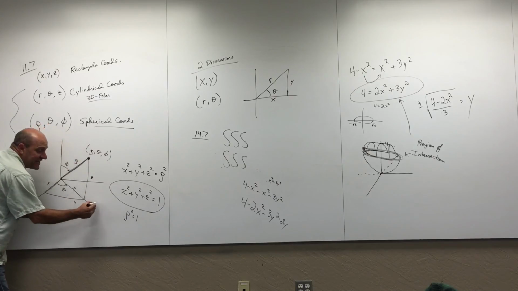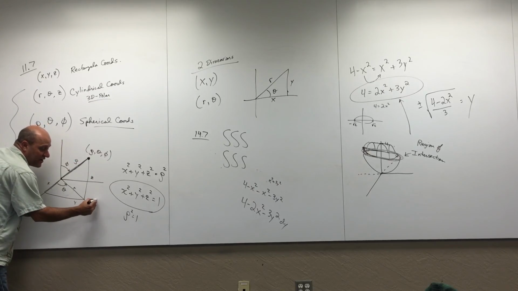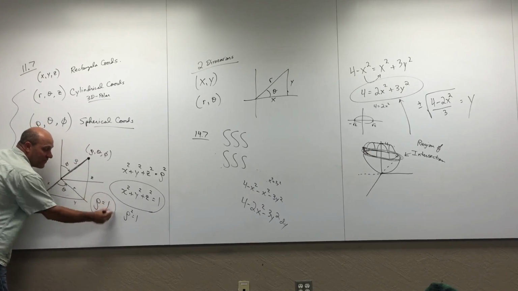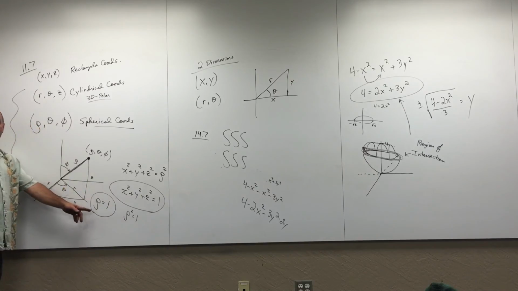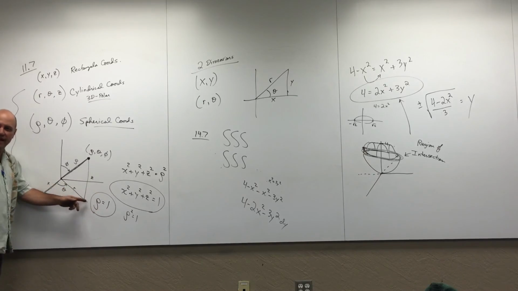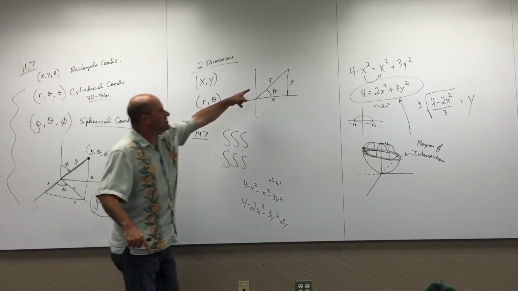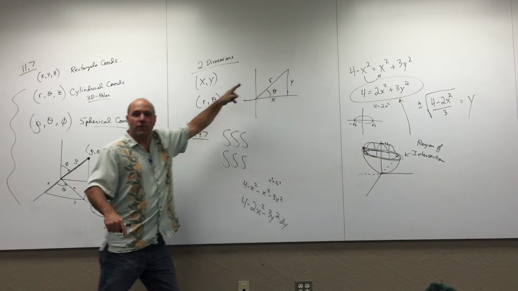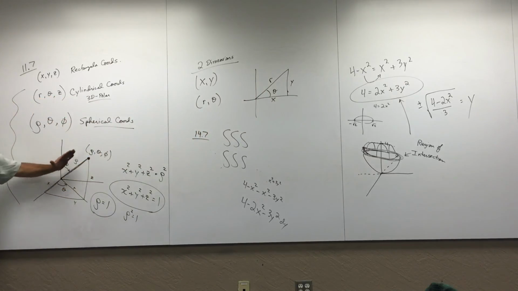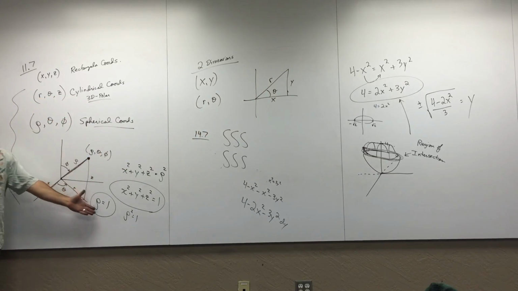Take the square root. Guess what a sphere is in spherical coordinates? Plus and minus, rho equals 1. That's a sphere, centered at the origin, radius 1. That rho is kind of our new radius. It's our 3D radius. R is our 2D kind of radius. Rho is kind of our 3D radius. That's a sphere.